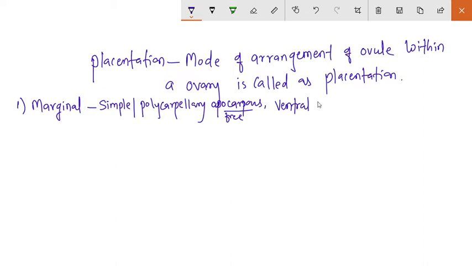The placenta is developed along the ventral suture of the ovary. ओव्हरीच्या व्हेंट्रल सुचरला प्लासेंटा डेव्हलप होतो, along the fused margins.